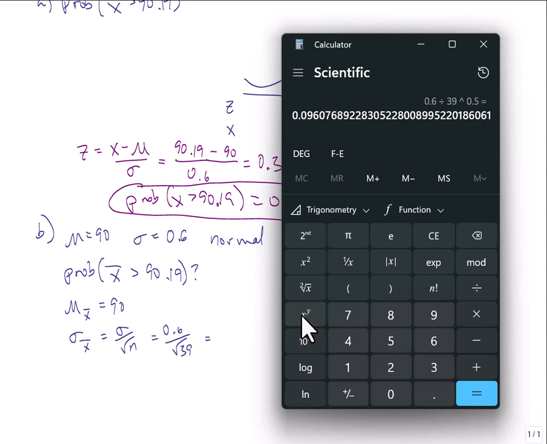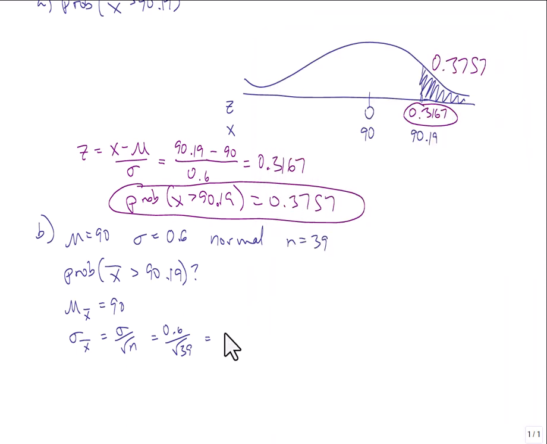However you type it in, what you're getting is 0.0961. I like to use a bunch of extra decimals when I round, just in case, so I don't have any rounding error by the time I get to my final answer.